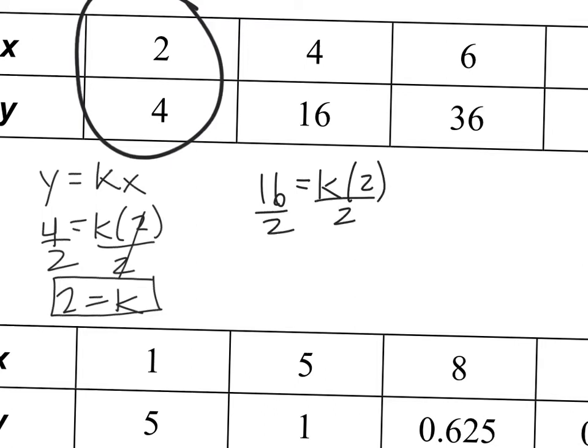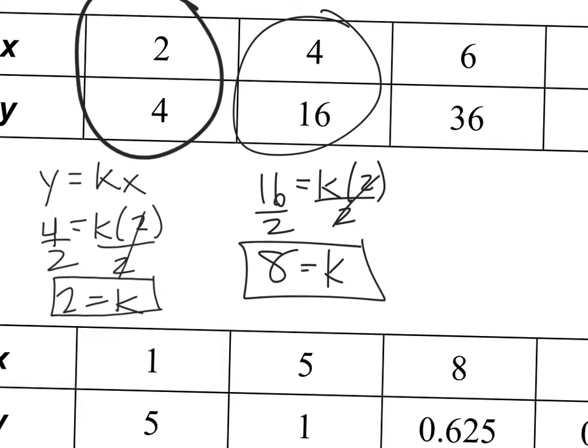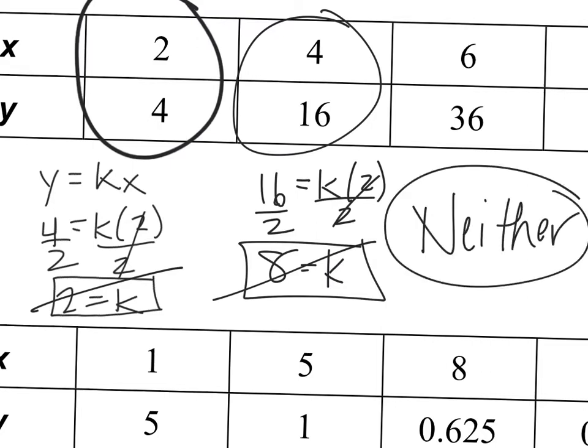Divide it over, and you'll see actually in this second one here, the constant of proportionality is 8. So that doesn't match. Therefore, this is neither. The only thing it could have been was direct, because they are both increasing, but since they don't increase with the same rate, the same constant of proportionality, then it's neither.